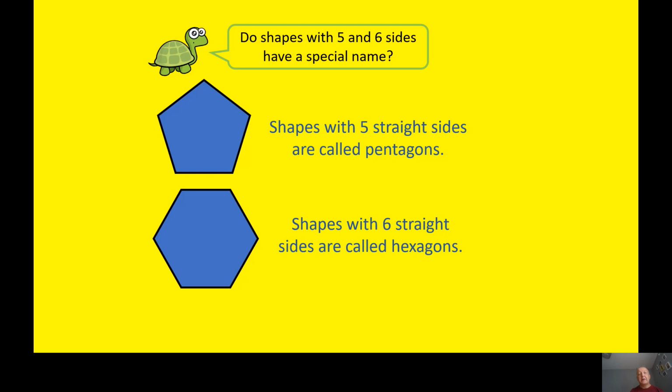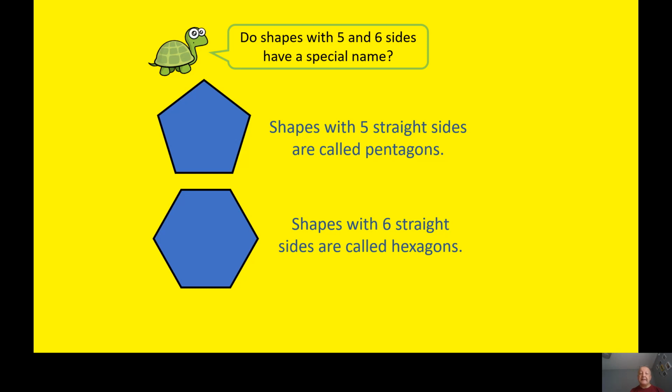Okay. Do shapes with 5 and 6 sides have a special name? Well, they do, and based on the work we've done recently, you should know what they are. What do we call a 1, 2, 3, 4, 5-sided shape? Pentagon. What do we call a 6-sided shape?